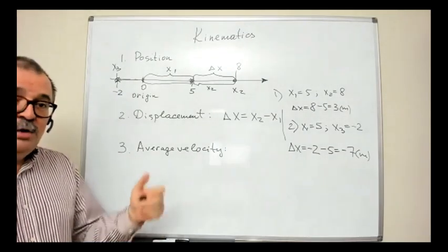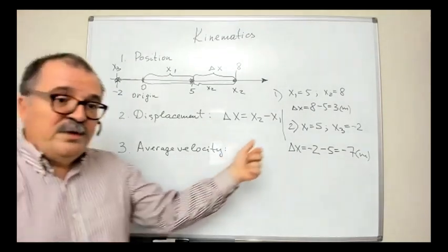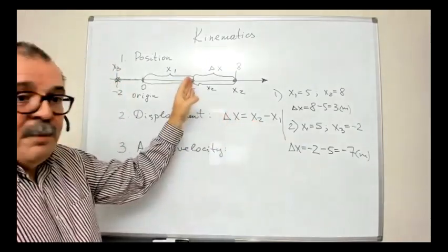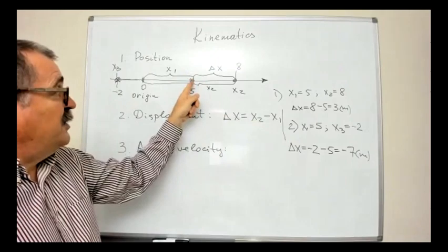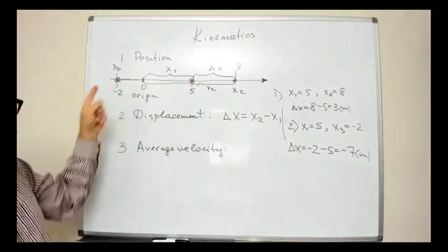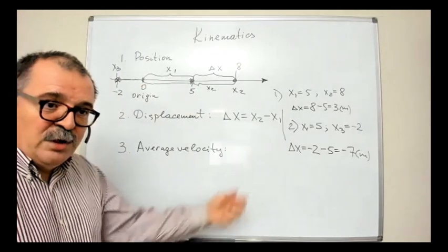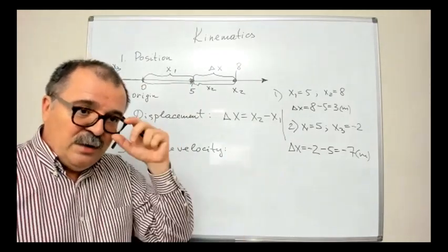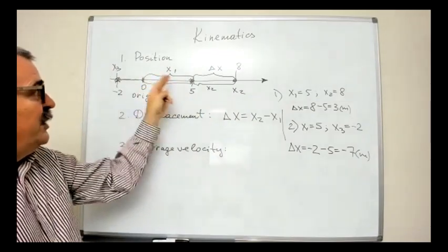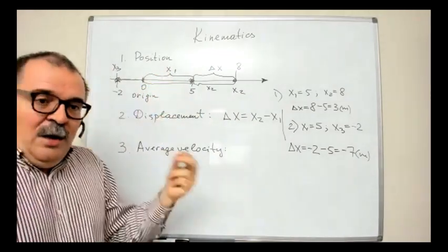So again, you have to definitely keep track of the signs when computing with exact numbers. If the position is 5, you write 5. If the position is minus 2, you have to use minus 2 when you do the computation. That's the essence of the manipulation. As you will see later on, x is a vector.